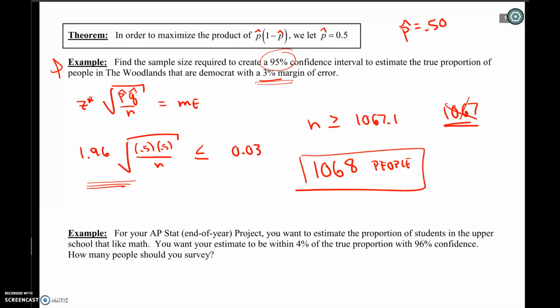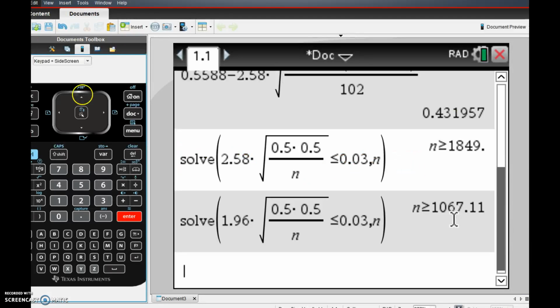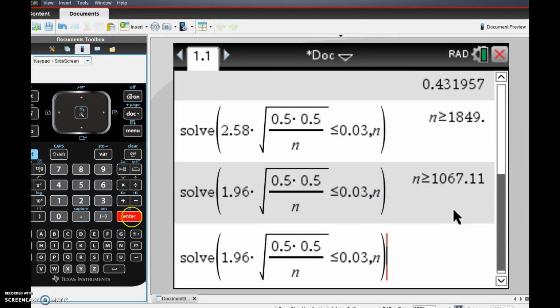Now, just to show you, how does your sample size change if you don't use these maximums? Suppose 30% of people in the Woodlands are Democrat. Well, if 30% of the people are Democrat, then you don't need 1,068 people.